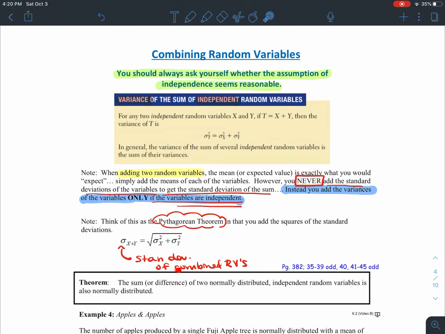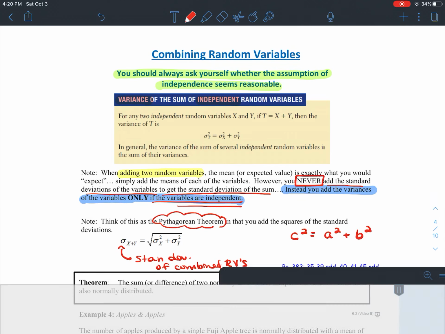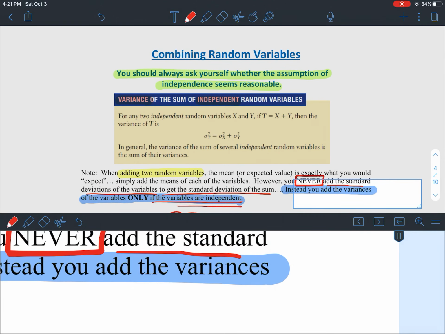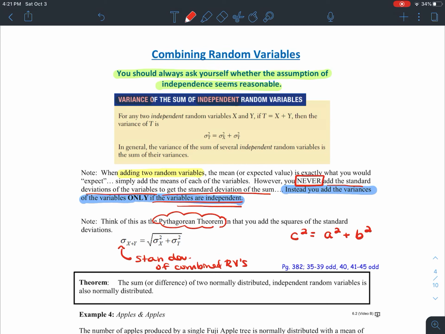You're going to square the standard deviation of random variable Y, which makes that the variance. You're going to add those two variances together, and once you have added them, you then take the square root of that sum to then reveal the standard deviation of the combined random variables. And that is actually what we do when we are doing the Pythagorean theorem. Okay, we don't get the hypotenuse from adding the two legs together. We get the hypotenuse by adding the square of each of the legs.